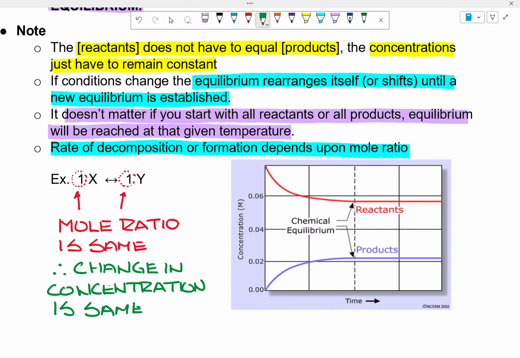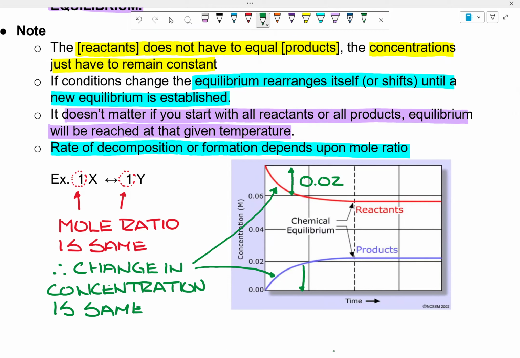Now, what I want you to do is focus on this particular graph that I have here. Notice in this particular case, I have a graph of the concentration of reactants versus time and the concentration of products versus time. Notice the change in concentration here is around 0.02.